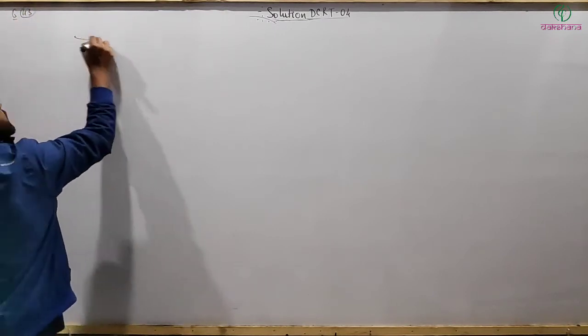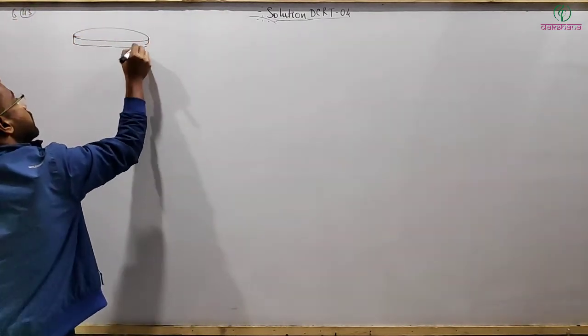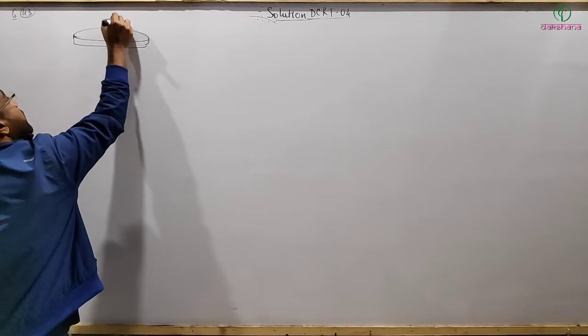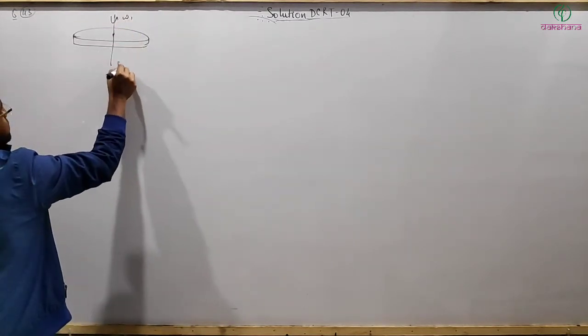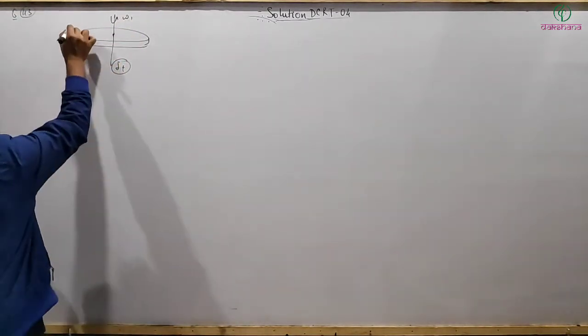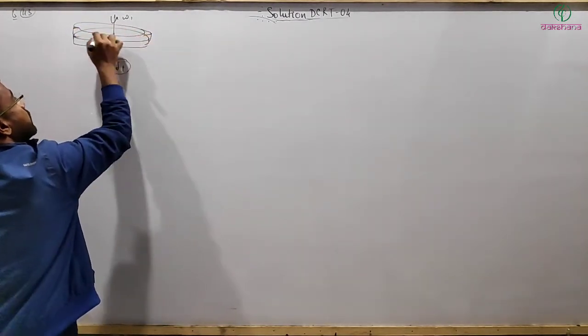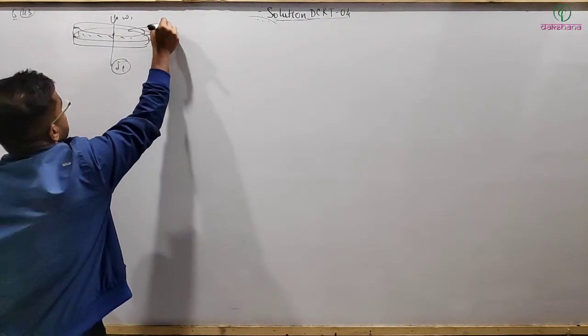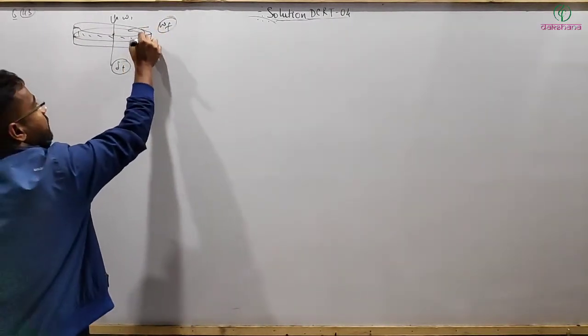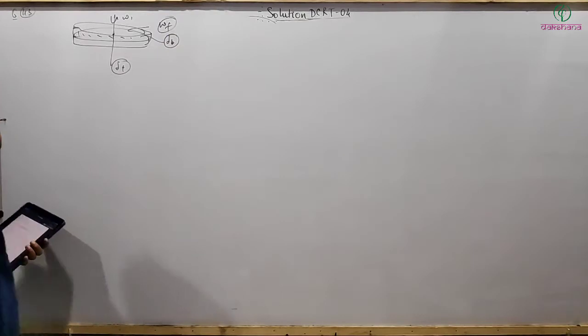43, initially this is a rotating disk with angular speed omega I and a moment of inertia IT. Now another disk is dropped on it like this. This is second disk. So finally they are rotating with angular speed omega final and moment of inertia IB.